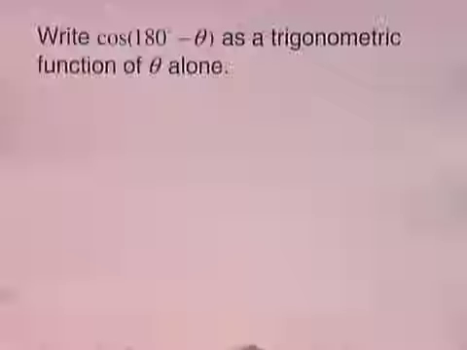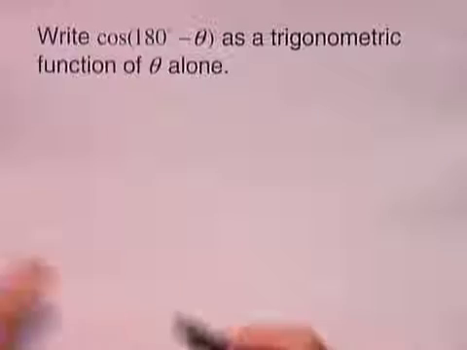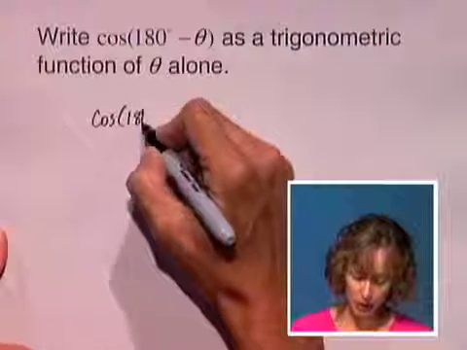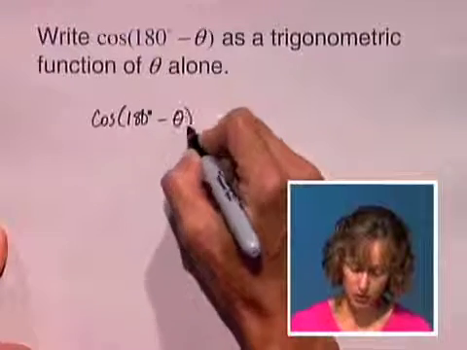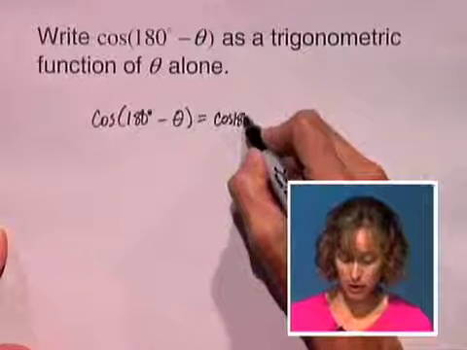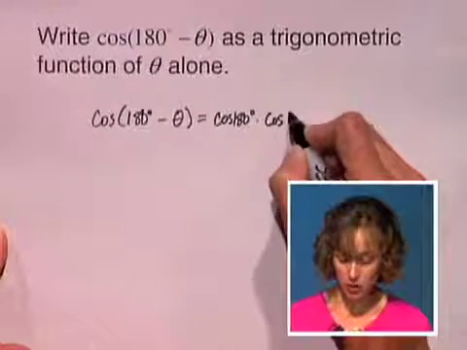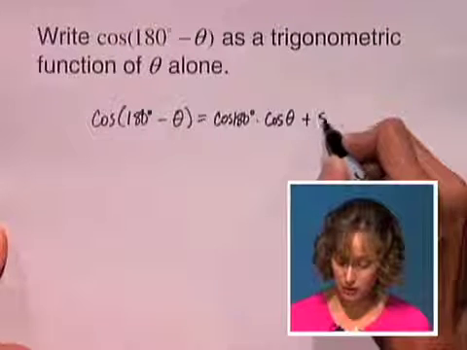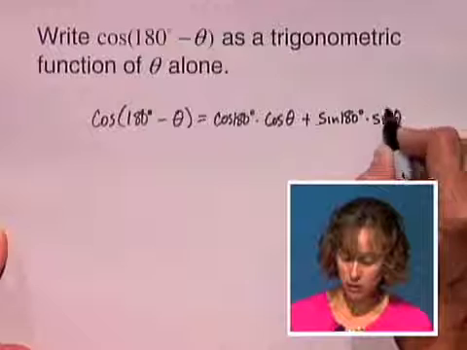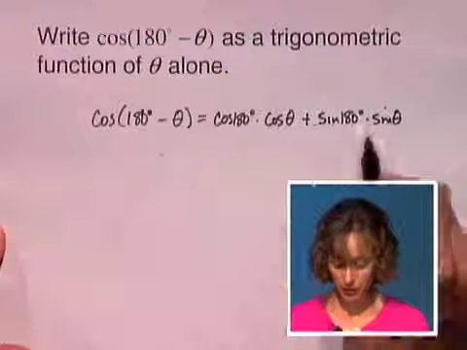Let's use a cosine difference identity. We want to write the cosine of 180 degrees minus theta as a trigonometric function of theta alone. Well, the cosine difference identity applied to cosine 180 degrees minus theta requires that we find cosine 180 degrees times cosine theta and add the sine of 180 degrees times the sine of theta, applying the identity.